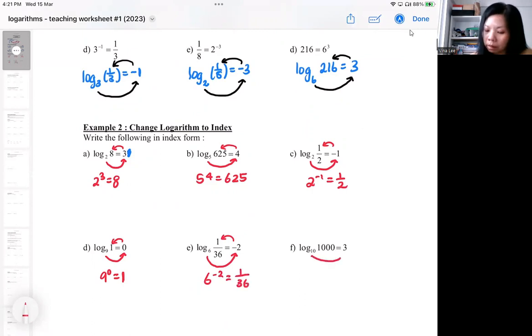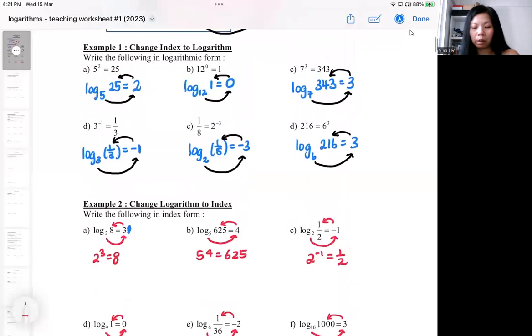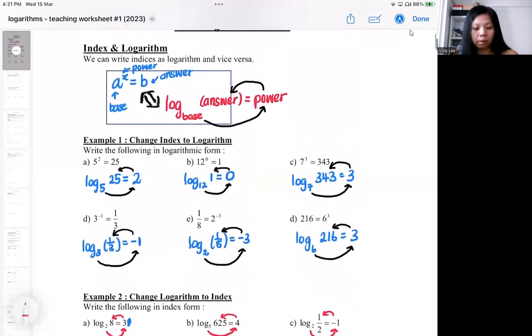Then 10 to the power of 3 gave me 1000. So that's how I change in between indices and logarithm.